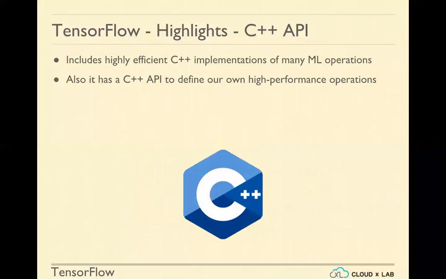It includes highly efficient C++ implementations of many ML operations, and a C++ API to define our own high performance operations. So both for using existing algorithms or creating our own algorithms, we could use either of the APIs.